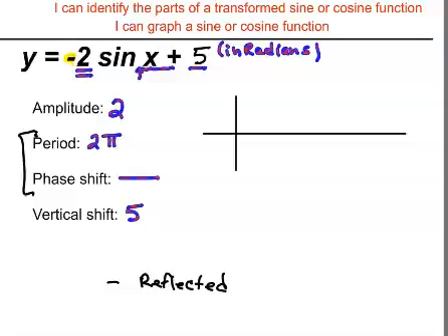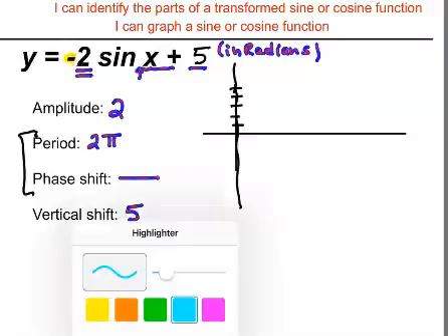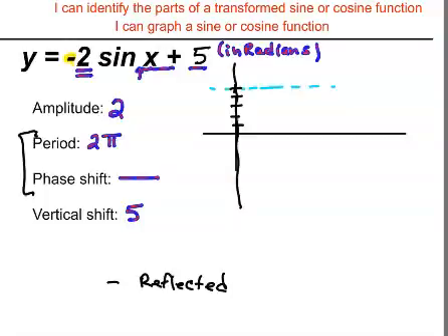Because this goes up to 5, this is a vertical shift. I'm going to see if I can move this because this is kind of tricky to get in, but we're going to go up to 1, 2, 3, 4, 5. This is where the center of the graph is going to be, up at 5.